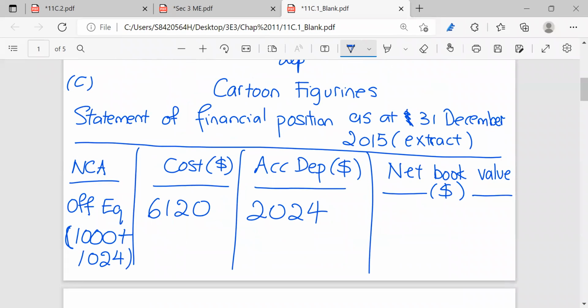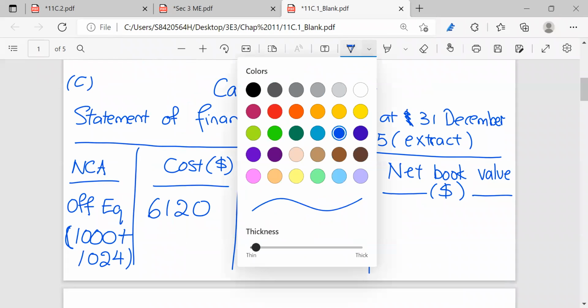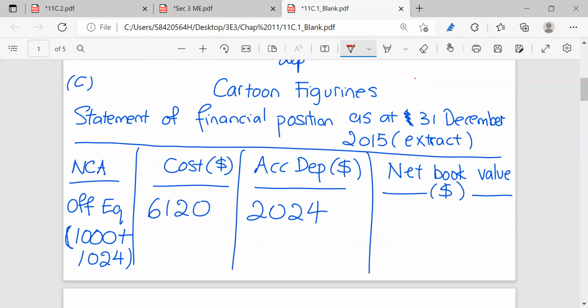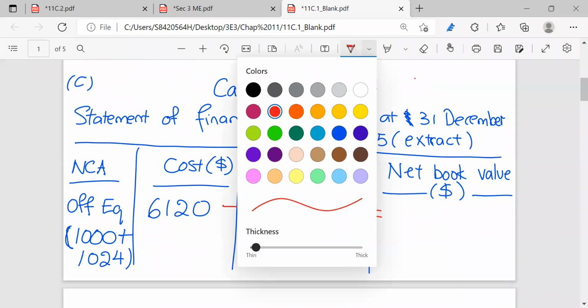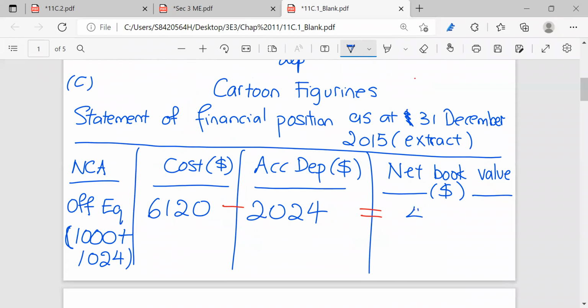So your net book value, remember, is always cost minus accumulated equals to net book value. So you should get 4096.